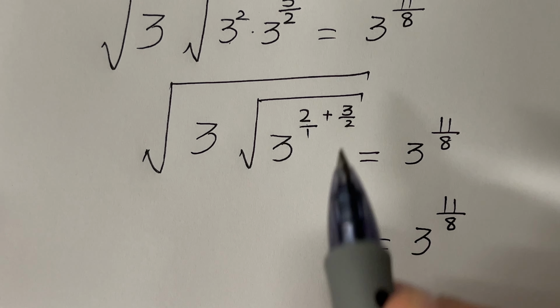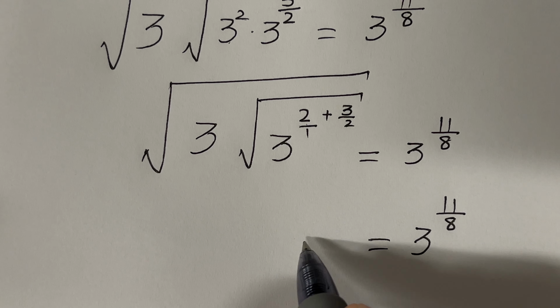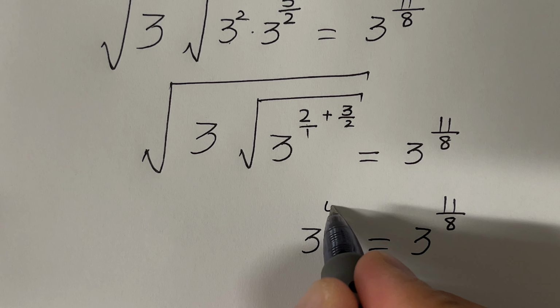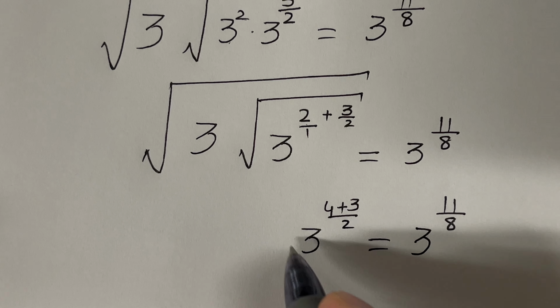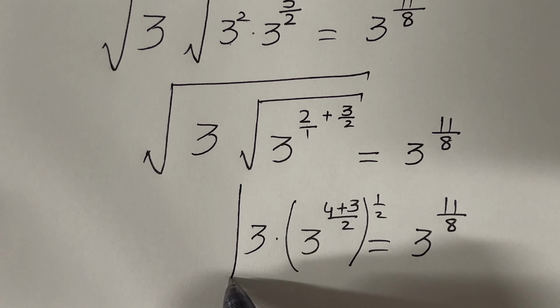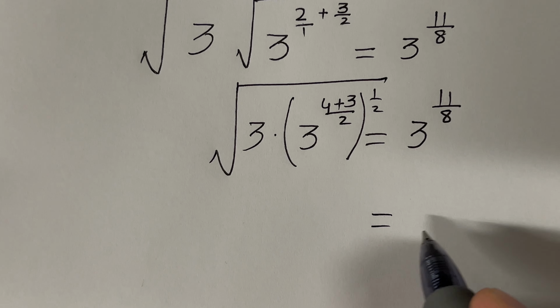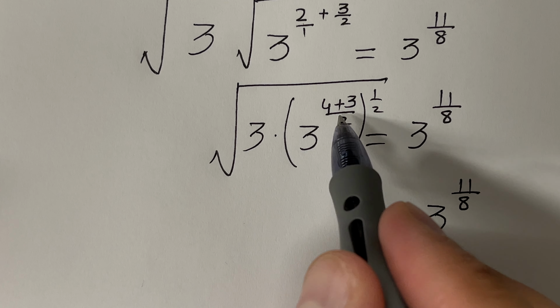This 2 can be written as 2 divided by 1. If you take the LCM, which is 2, so 3 raised to the power 2 times 2 is 4, plus 3 divided by 2, and this square root means power 1/2 times 3 square root.